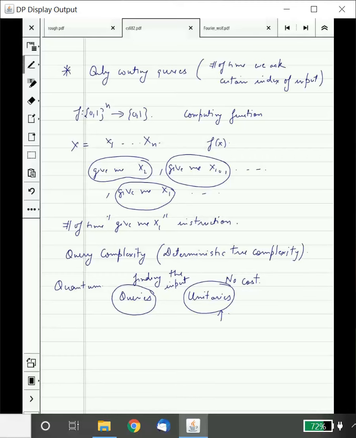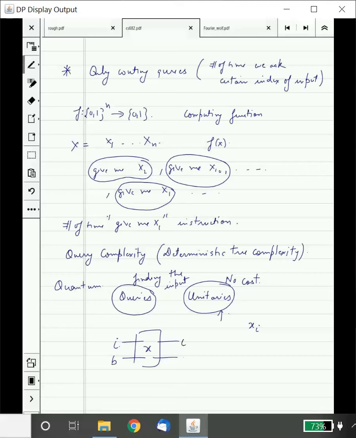What kind of queries are allowed in quantum? And the answer has already been given to you in Deutsch's algorithm. Remember, the oracle had two inputs. With just one input, the oracle does not remain unitary. In this case, the oracle for x is something where if you give an index i and a workspace register b, you want to figure out what is xi.